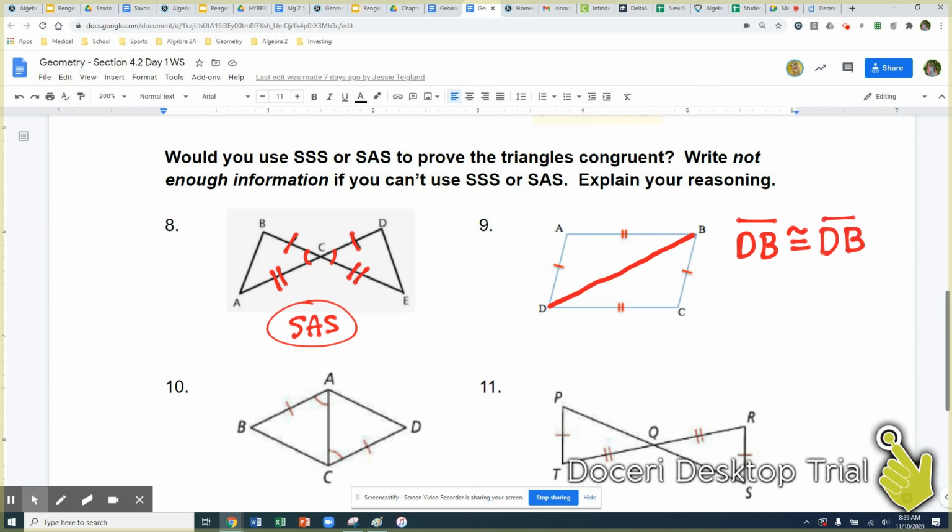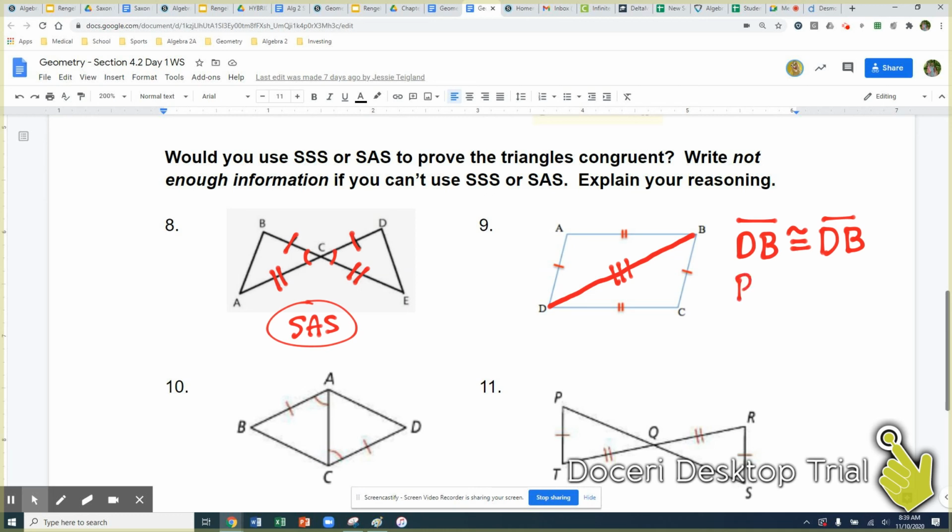If both triangles share the same side, and that side is exactly the same on both triangles, guess what? It's congruent. So since they're stacked on top of each other, we've got DB shared on the other triangle as well. This third side is going to be the side we need to prove SSS.